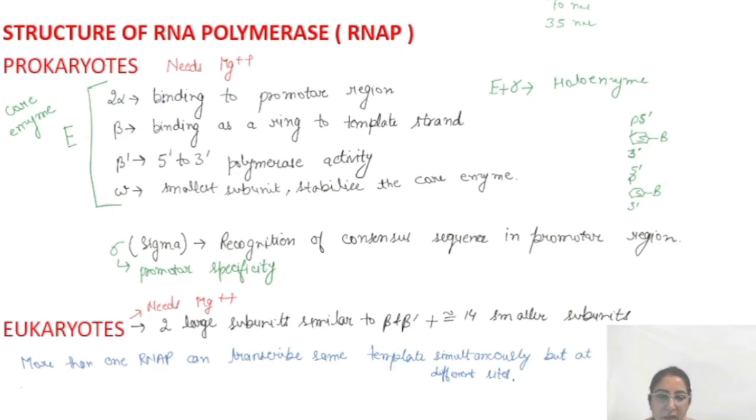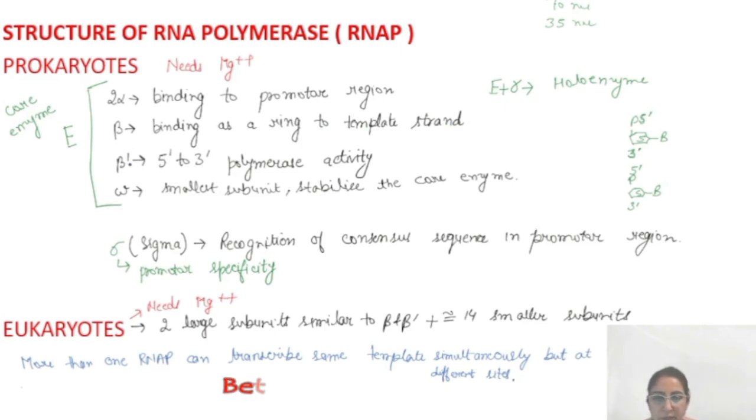This alpha region actually helps in the binding to the promoter region. Beta acts as a ring around the DNA molecule, or around the template strand, so that this enzyme does not wander away from the template strand and keeps on making the RNA molecules.